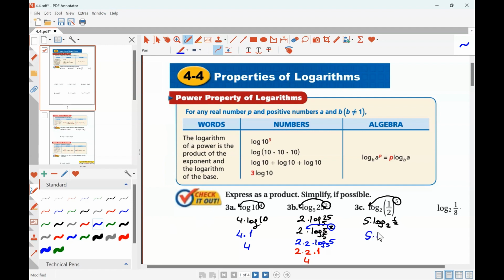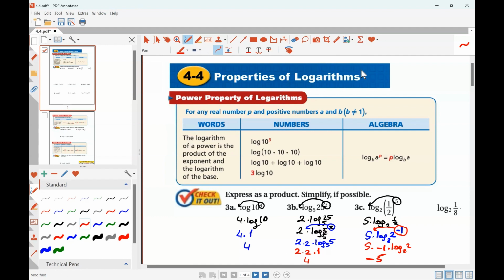Let's see if I can. 1 over 2 is actually 2 to the power of negative 1. So I see another exponent here. Let's bring this exponent down in front. So 5 multiplied by negative 1 multiplied by log base 2 of 2. Log base 2 of 2 is 1. 5 multiplied by negative 1 is negative 5.